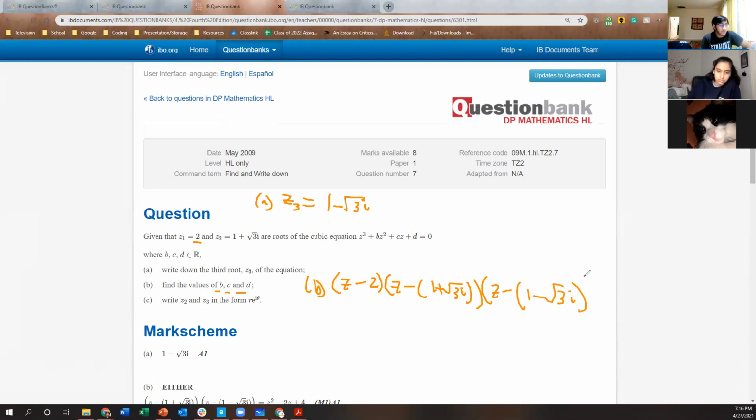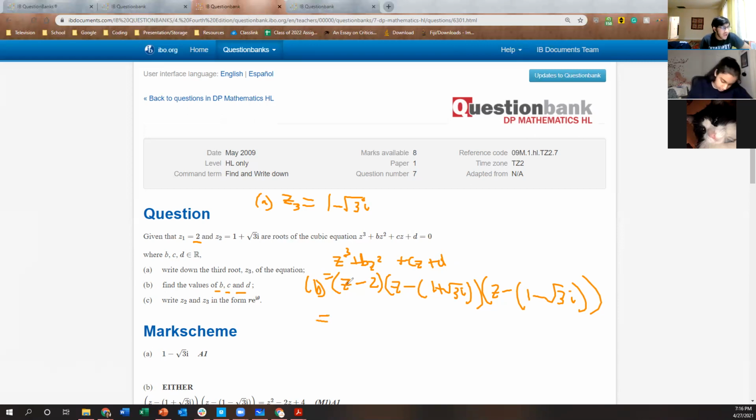If I take all my roots and express them in factored form, that'll equal the original polynomial. In the beginning, I would probably write z cubed plus bz squared plus cz plus d equals 0. Not equals 0 yet, but we know that equals this because they're factors.